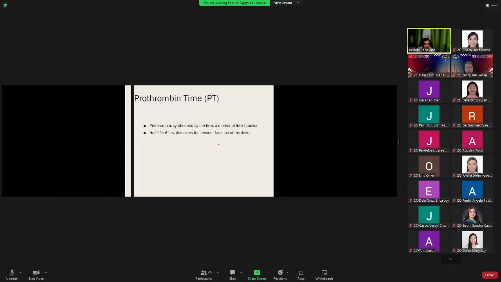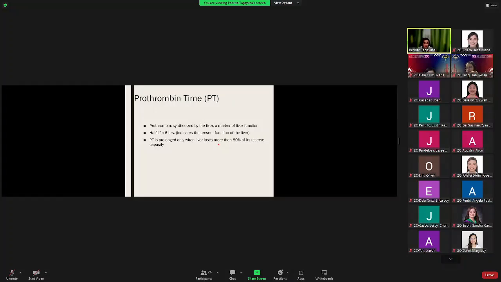It also has a short half-life. So when there is deficiency of prothrombin, the pro time is prolonged. And this is only seen when 80% of the liver reserve is already depleted.